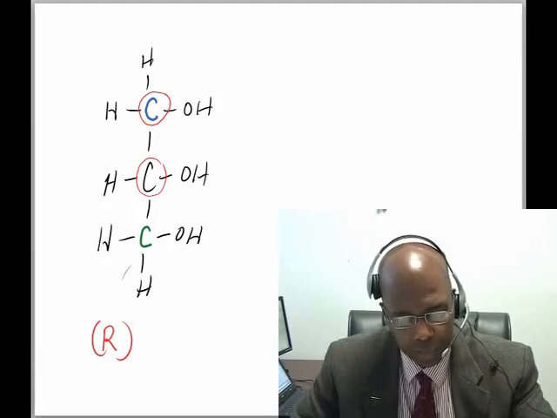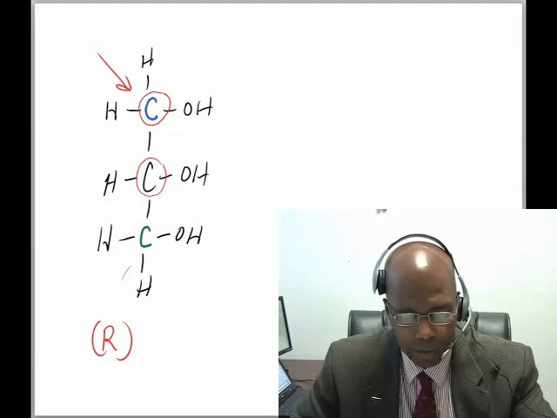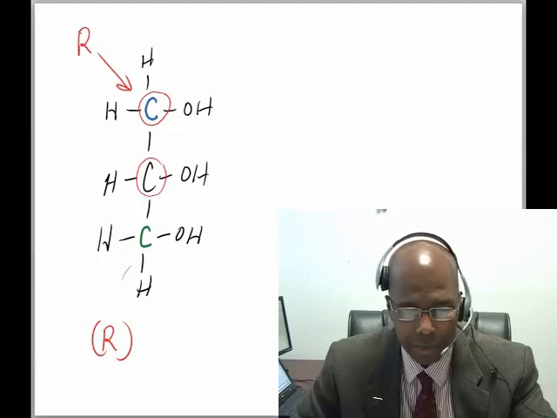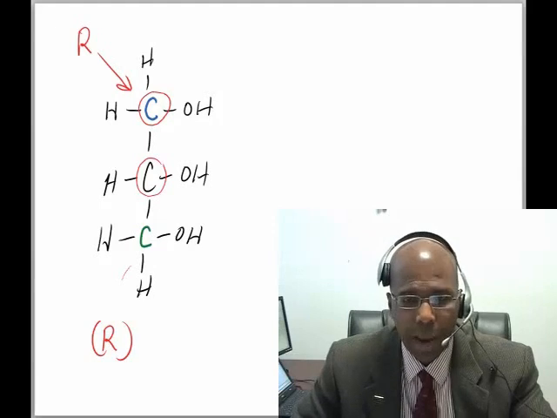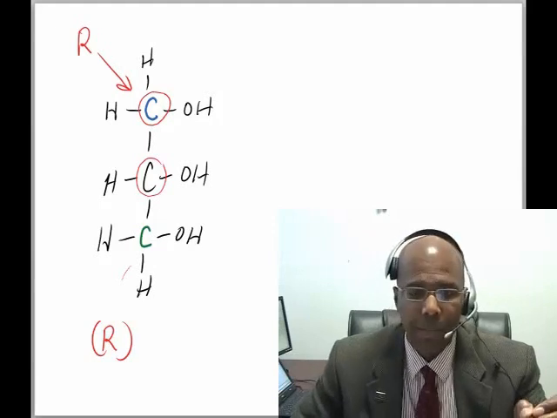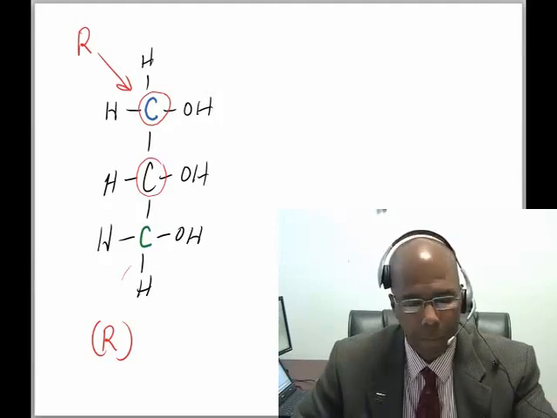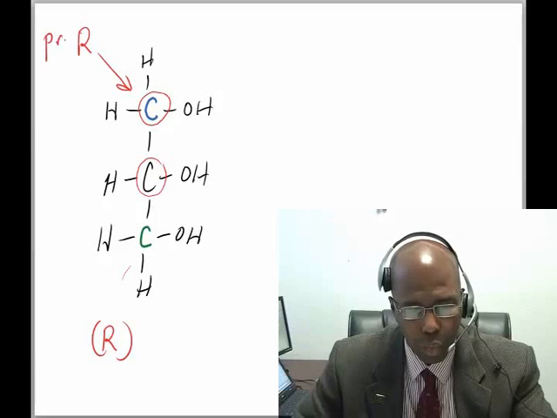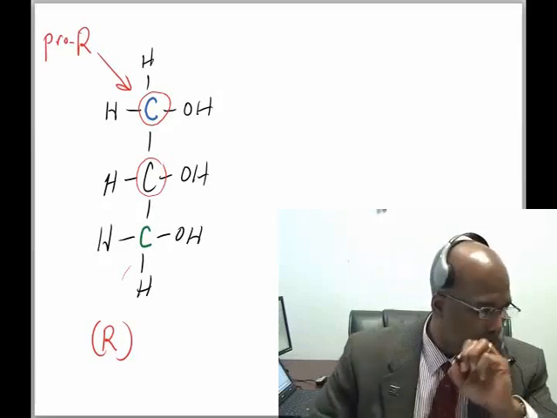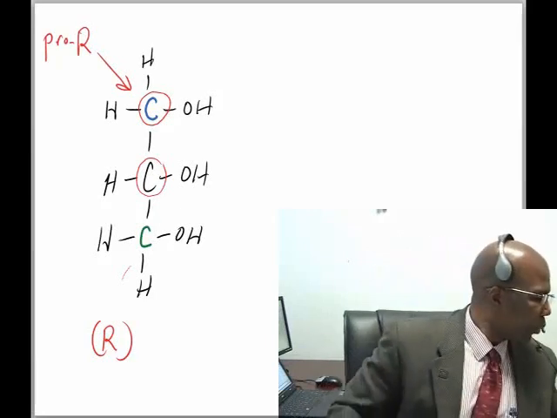This carbon would make this compound an R compound if you gave this blue carbon a higher priority. So we call this carbon the pro-R. What's the wording?